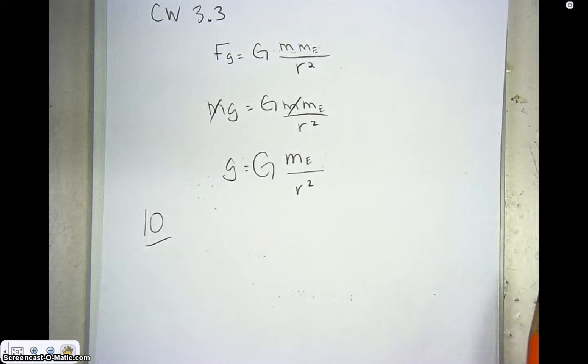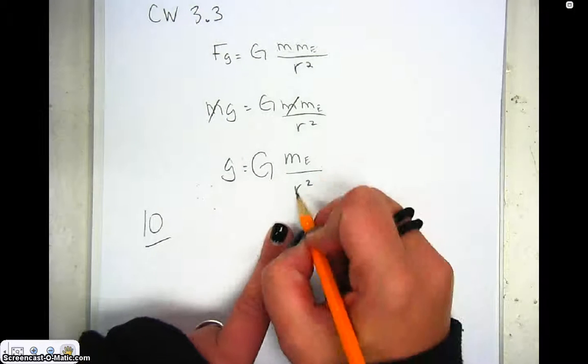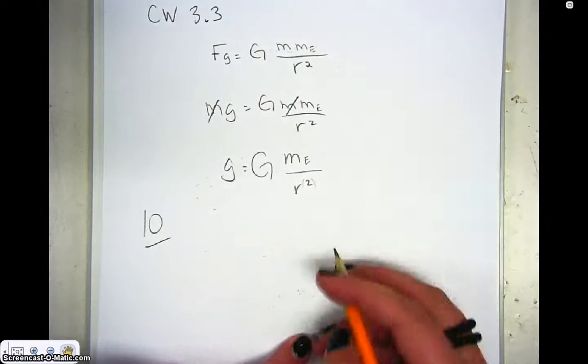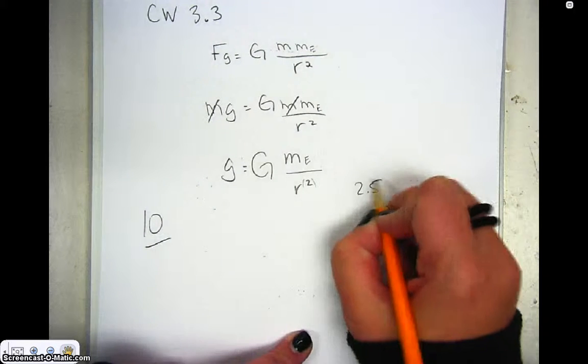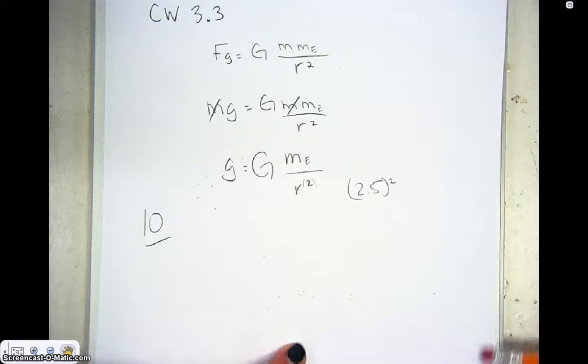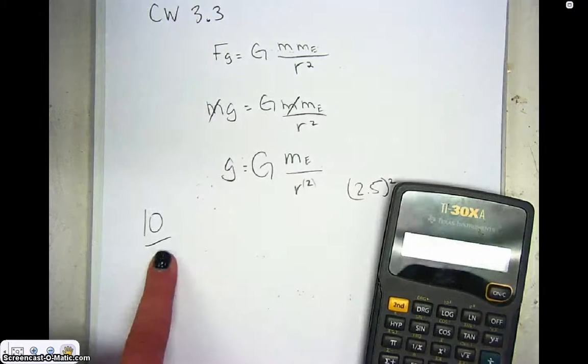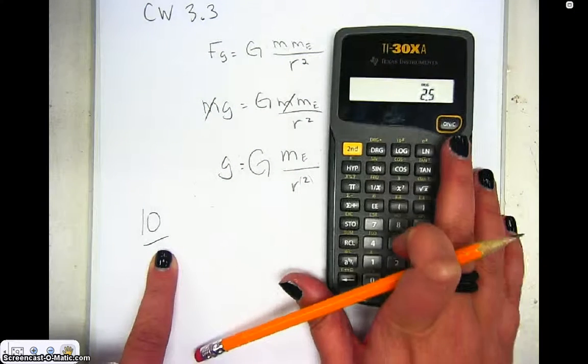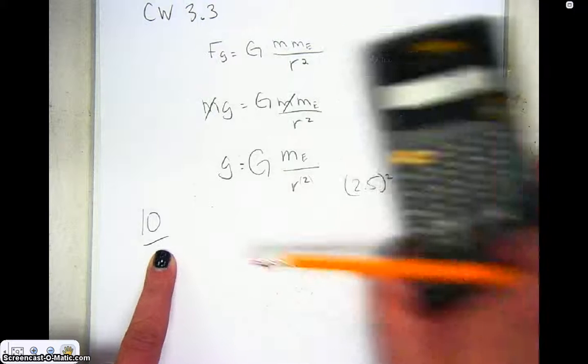If it says that I have a radius that's 2.5 times, what that means is I'm going to be making this number 2.5 times bigger, but it's squared. So I could just take 2.5 and square it, and that's the factor by which this answer will change. 2.5 squared gives me 6.25.